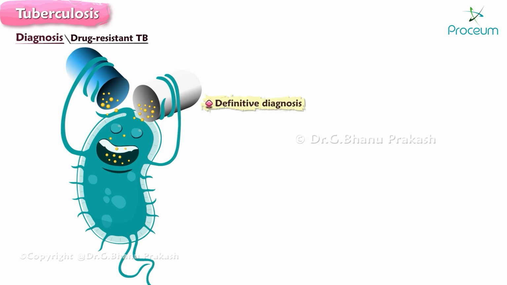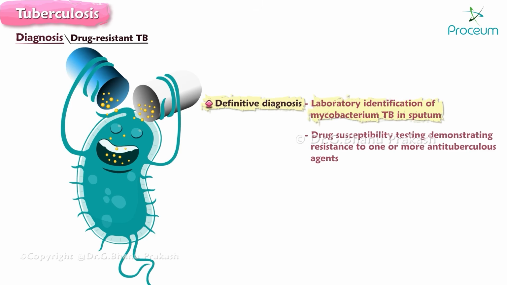Definitive diagnosis is established via laboratory identification of Mycobacterium tuberculosis in sputum or other clinical specimens, with drug susceptibility testing demonstrating resistance to one or more anti-tuberculous agents. Culture-based testing is the gold standard.